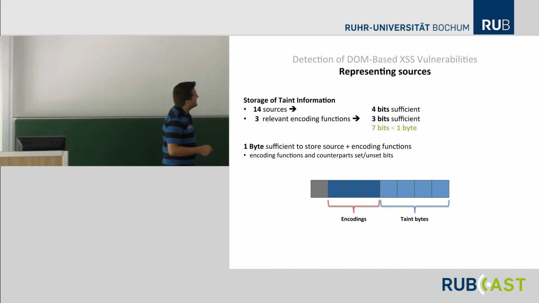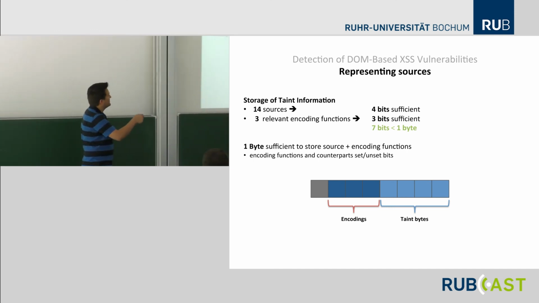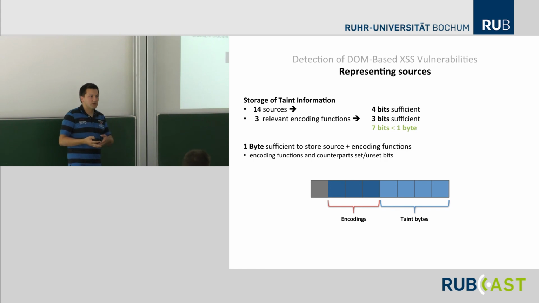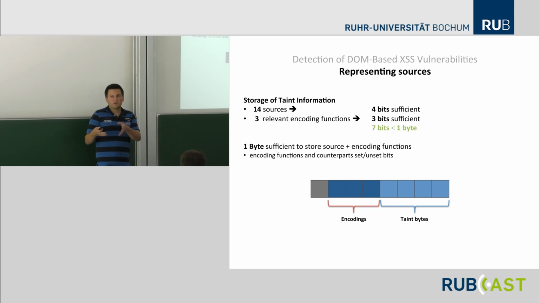And here you can see the structure of a byte. So in total, we have 14 different sources where user input can come from in the browser. And well, to represent 14 numerical values, we exactly need 4 bits. And so this is a byte. It has 8 bits. And we use 4 bits for the numerical value.